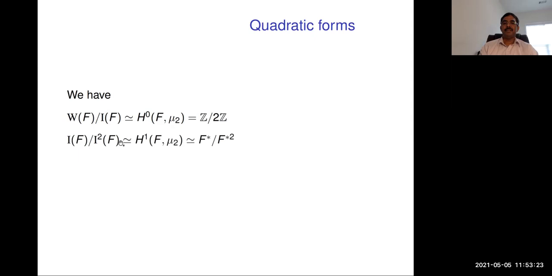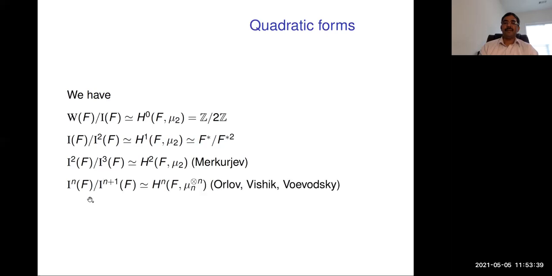Then the discriminant gives an isomorphism from I(F) mod I^2(F) to F^* mod F^*². The discriminant is the signed determinant. Then I^2(F) mod I^3(F), the Clifford invariant is an isomorphism with H^2. This is the theorem of Merkurjev. And for any n, I^n(F) mod I^{n+1}(F) is isomorphic to H^n. This is the theorem of Orlov, Vishik, and Voevodsky. Here the map sends an n-fold Pfister form in I^n to the symbol (a_1).(a_2)...(a_n). That's the map there.